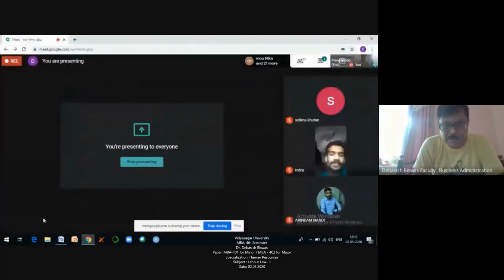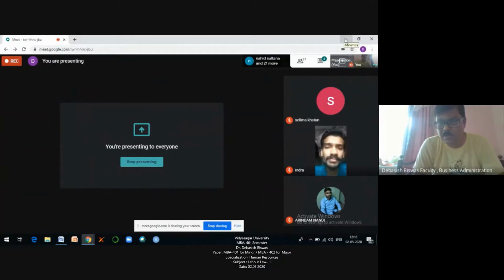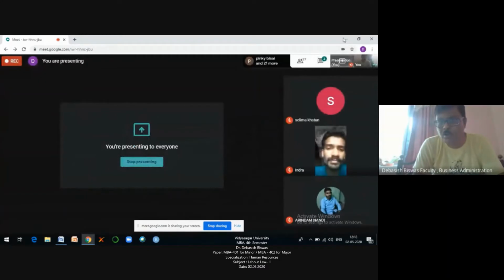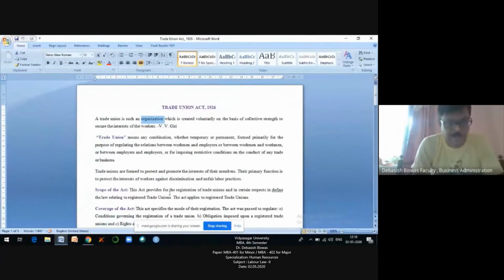So when we are making an application for registration, we should follow the rule mentioned under the Trade Union Act: at least 10 percent or 100 of the workers, whichever is less.